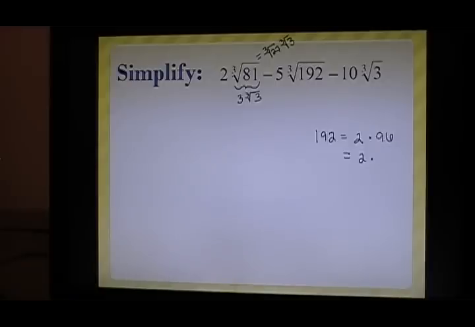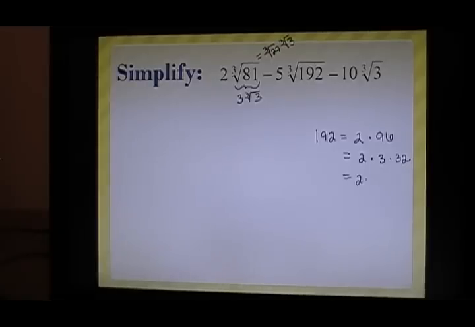9 and 6, so that must be divisible by 3. We could go with the 2 again if we wanted to as well. I'll just go with the 3, so it'd be 3 times, what, 32? Again, I'm not seeing any perfect cubes in my list.